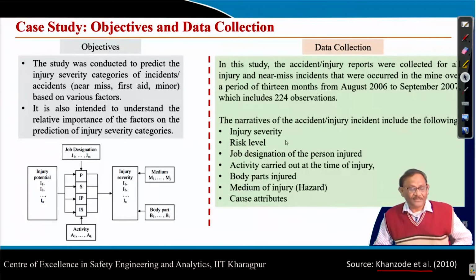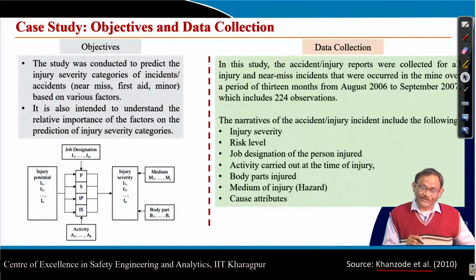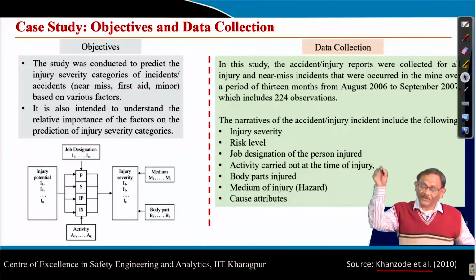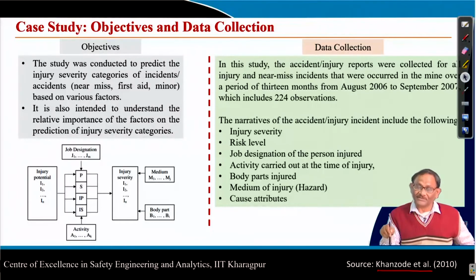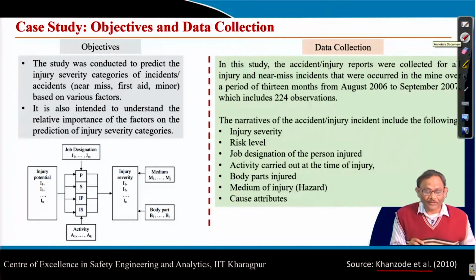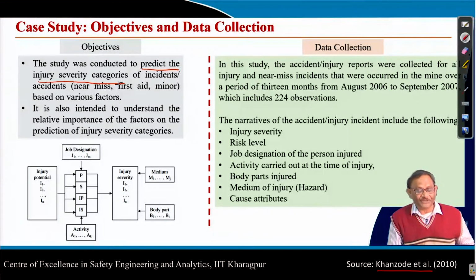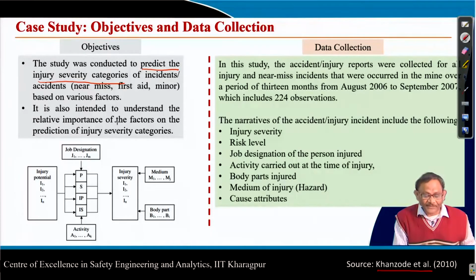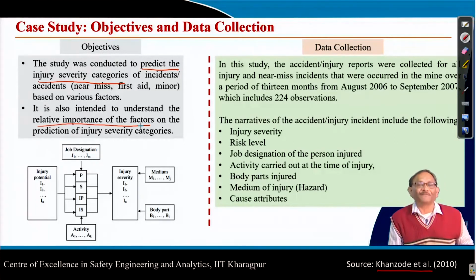Okay, so now let us discuss further. What are the objectives in this study? I talked about objectives in the paper. Now for this case study, the objective is to predict injury severity categories, and it is also intended to understand the relative importance of the factors.